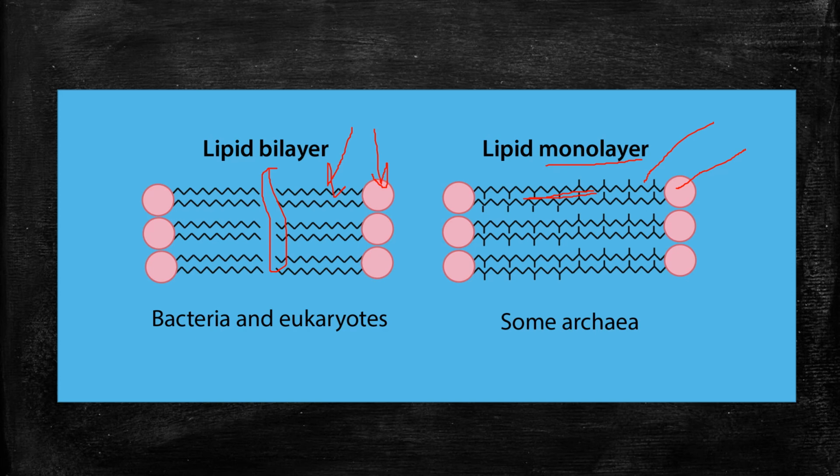The archaea, or archaebacteria, that's the other thing that it's called sometimes, live in extreme environments, so high heat, high salt, so they need a membrane that can certainly protect them from their external environment. So that's the reasoning that we think that they have this lipid monolayer.